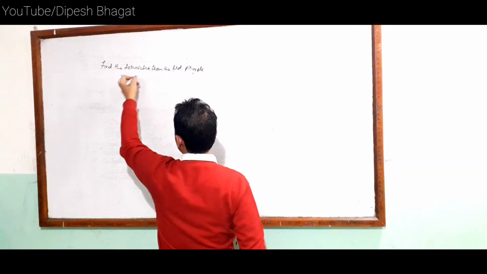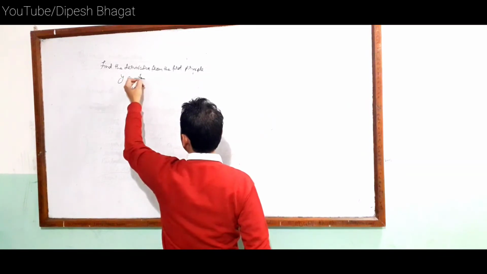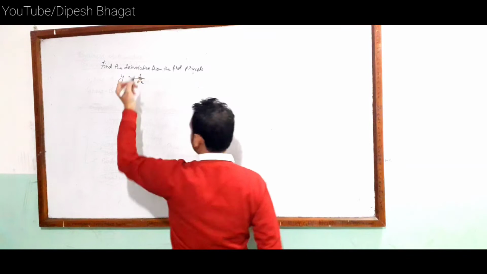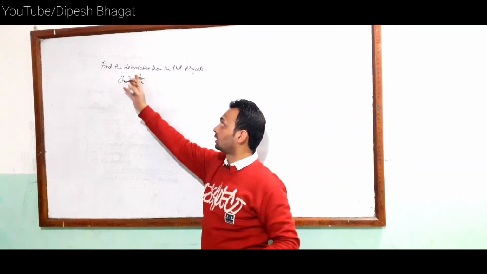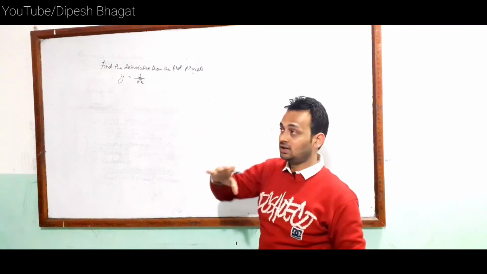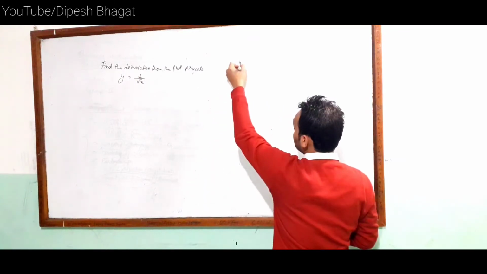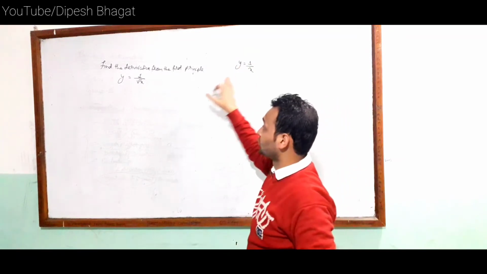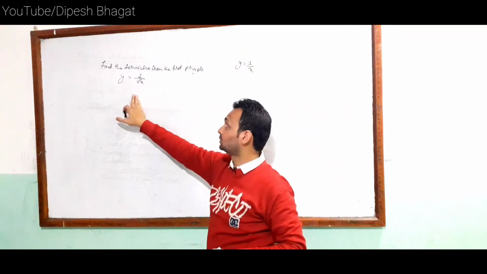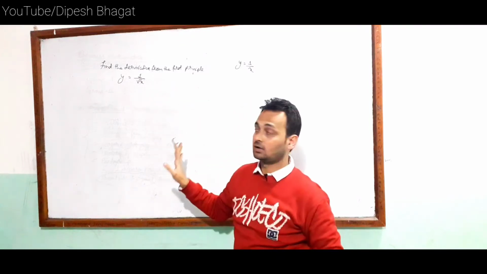And the question that I have chosen is y equals 1 by root x. Clear? The same question that has been asked in our model question is y equals 1 by x, so the same type of question I have taken as an example is y equals 1 by root x.